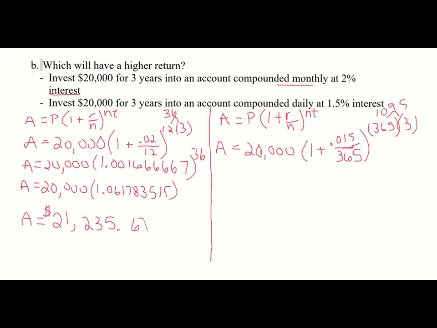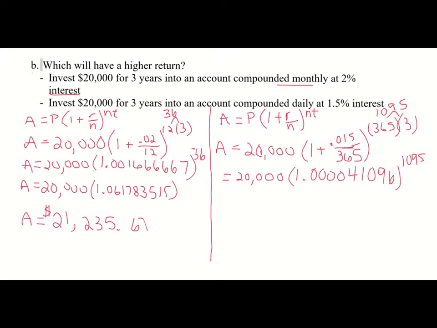Okay, so 0.015 divided by 365 plus 1 is going to equal 20,000 times 1.000041096, and we're going to raise that value to the 1,095th power.